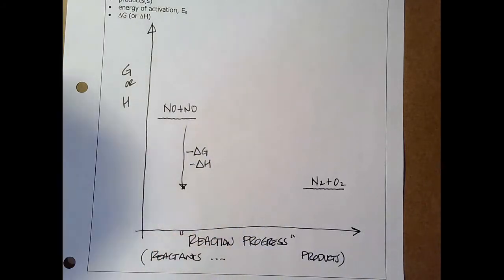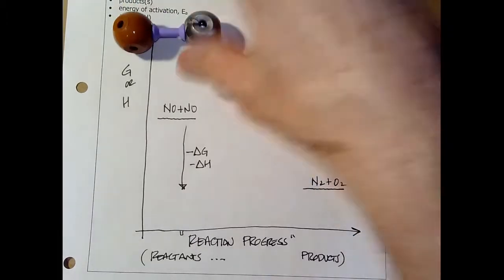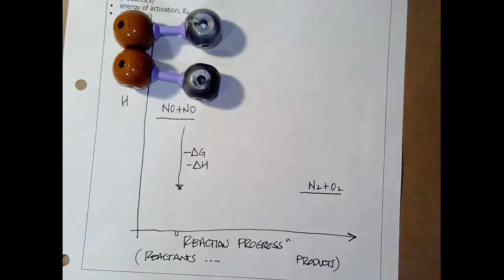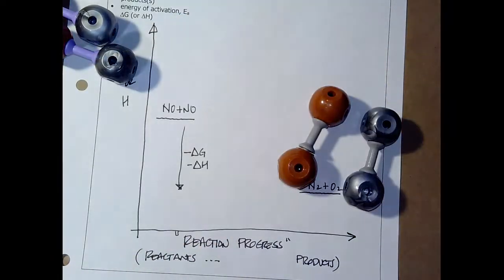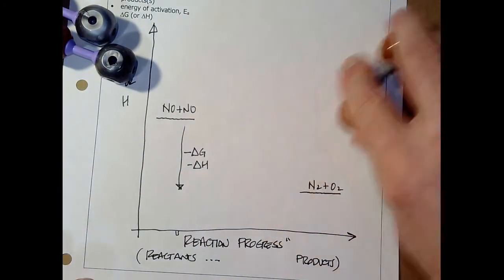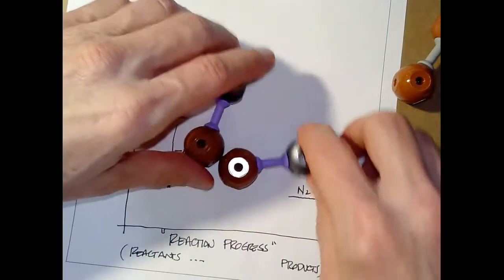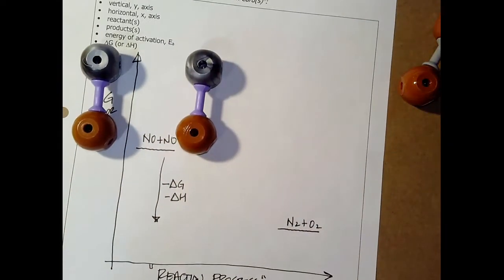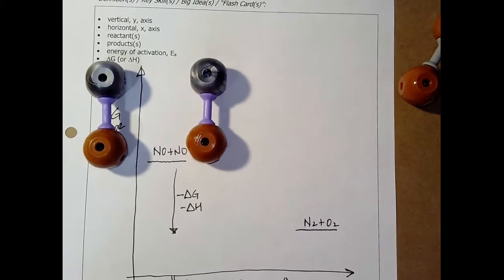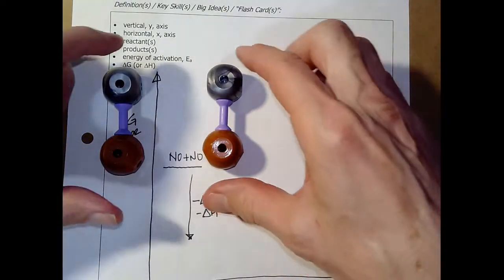Now, in between what happens is, over here I have these guys. There's their energy. When the reaction's over, I've got those guys. Now, in between, what I'm trying to do is say, okay, I want you two to react. So here they are, sitting there like that. As I push them together, they repel, right?